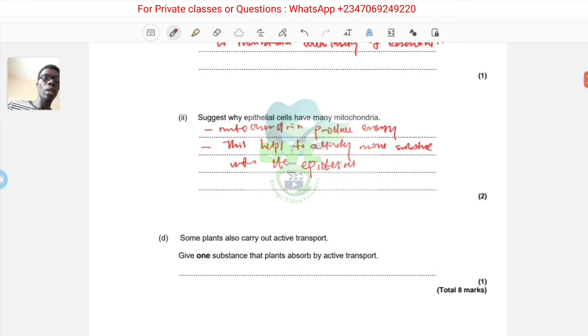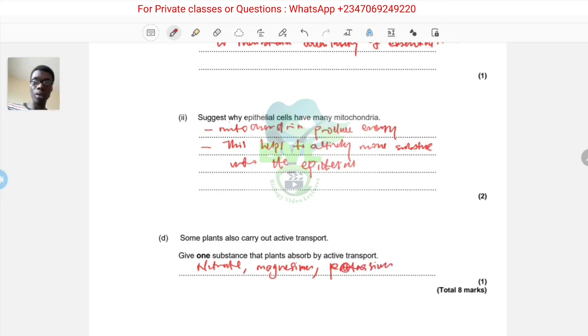Now, some plants also carry out active transport. Give one substance that plants absorb by active transport. You can make mention of just those nutrients in the soil: nitrate, magnesium, potassium.